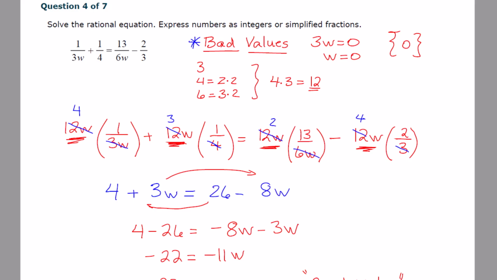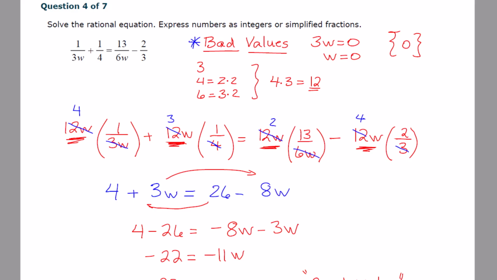All right, so next, I'd like to multiply by something that will make all 4 of these things cancel. What about the numbers? Got a 3, a 4 is 2 times 2, 6 is 3 times 2. So let's see.